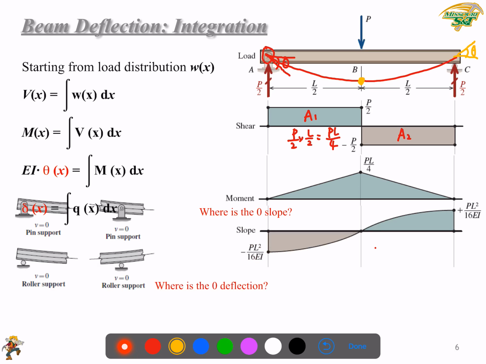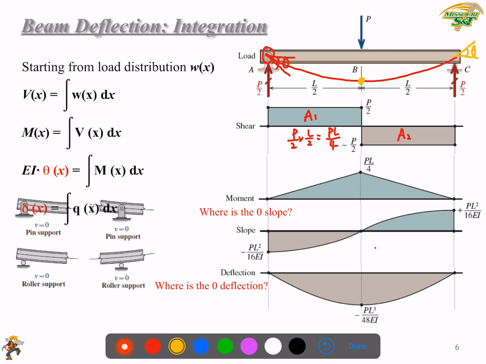At these two points, you have 0 deflection. Where do you have the maximum deflection? Obviously, that is point B. So here you will have a third order curve, as shown here, with 0 value at these two supports, and the maximum value at the mid span, at the point where you added the load P.